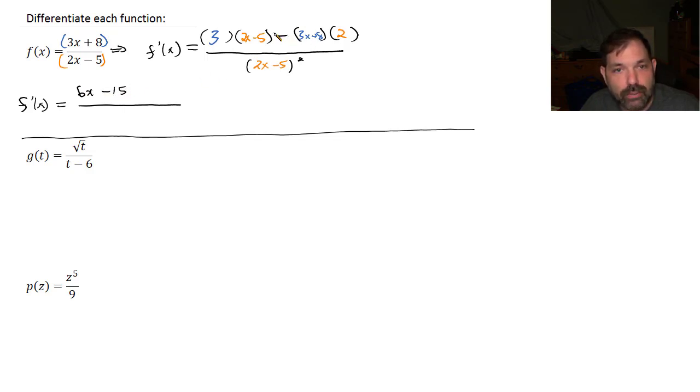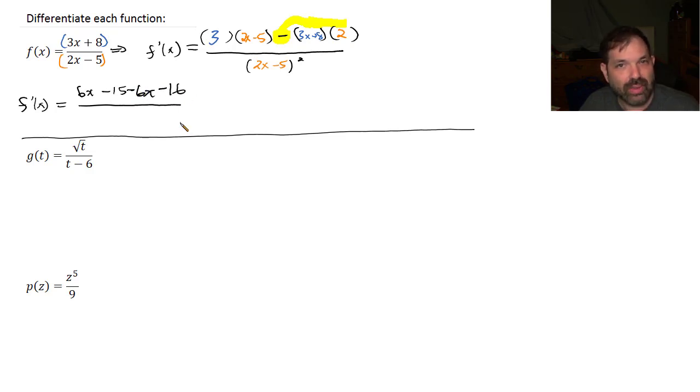And then being careful here, I've got a subtraction. And remember that this subtraction has to apply to the entire second term. So I have 2 times 3x, that's a 6x, so a minus 6x. And then I've got 2 times 8, that's a 16, I have a minus 16.